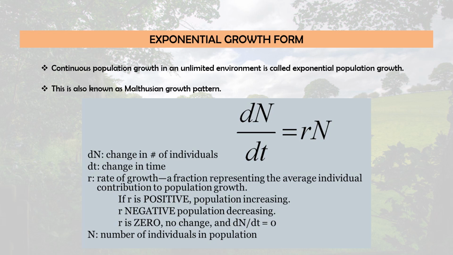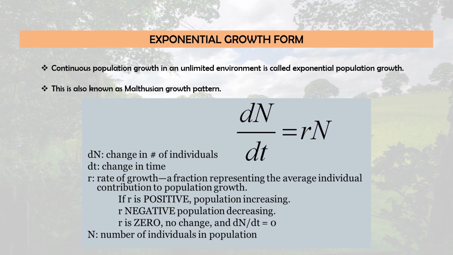When we say population growth form, we define the characteristic pattern of increase that a population takes. In the exponential growth form, there is continuous population growth in an unlimited environment, where all the resources for growth are available.